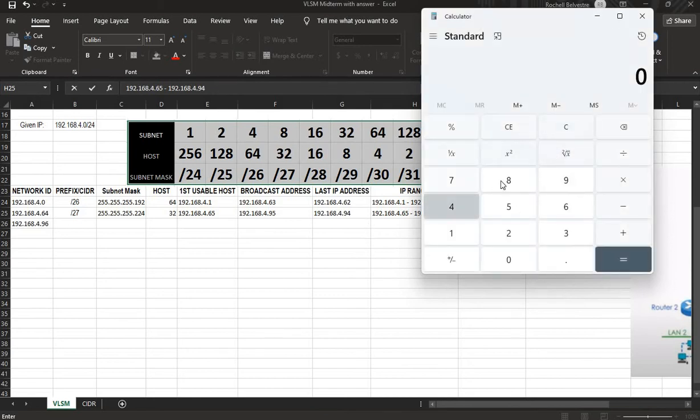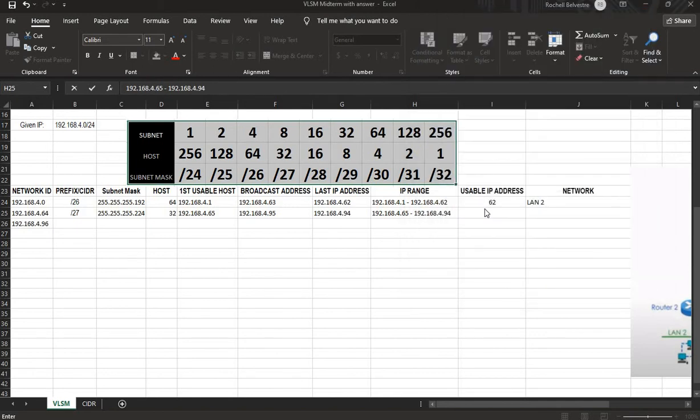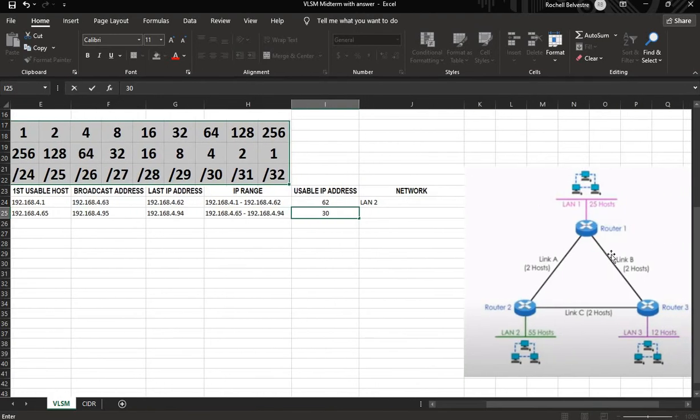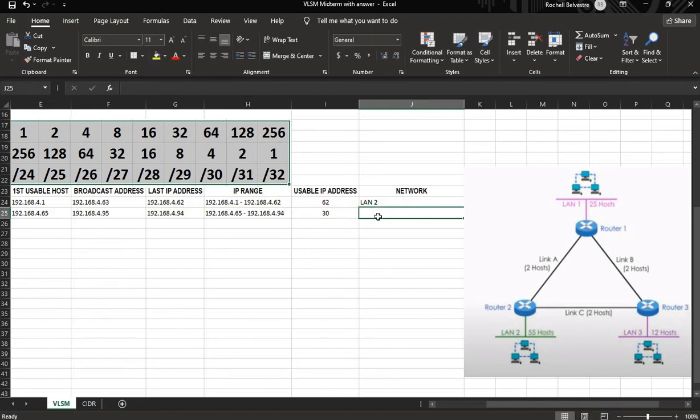So 94 minus 64 gives us 30 usable IP addresses. And 30 is very good for LAN 1, which needs only 25 hosts. So we have 5 vacant IP addresses. Okay, so this is for LAN 1.